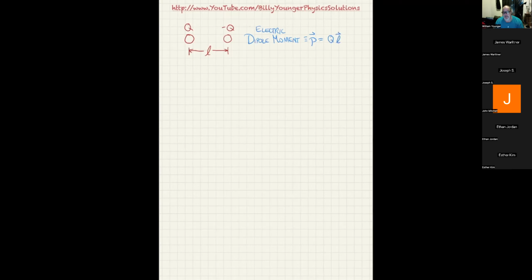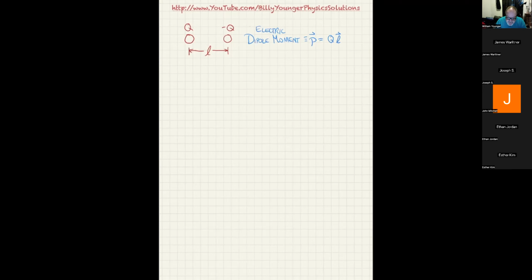Now, L, like I said, points the opposite direction as the electric field would. So for instance, the electric field is supposed to point in the direction in which a positive charge would want to go. So if I laid a positive charge dead center between those two charges, the electric field points to the right and would force the positive charge to move from the left charge to the right charge.